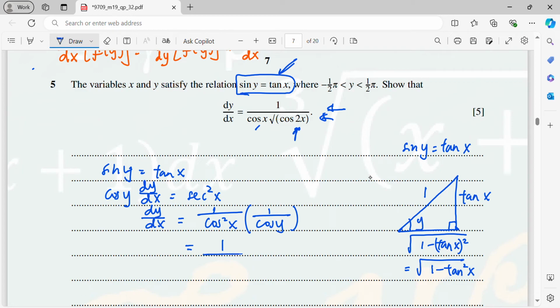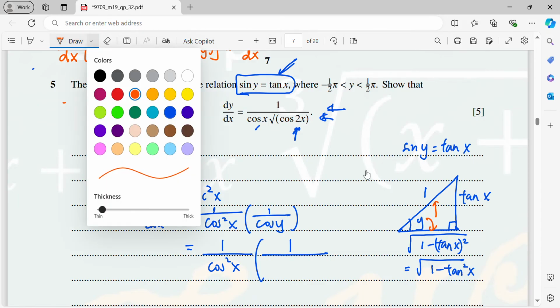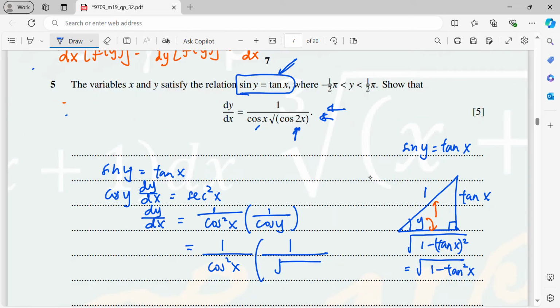So this is 1 over cos square x. After that, 1 over cos y. Cos y is basically adjacent over hypotenuse. So that is square root of 1 minus tangent square x divided by 1.